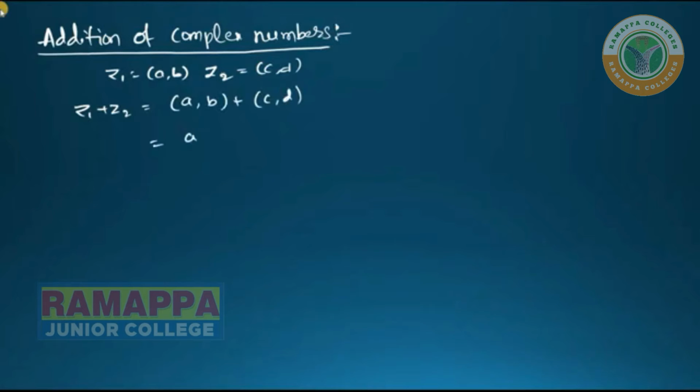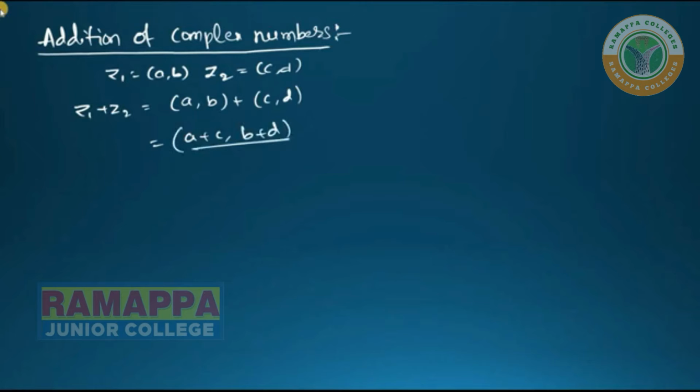Addition of complex numbers. Here z1 is equal to a comma b and z2 is equal to c comma d. If we have to add these complex numbers, z1 plus z2 is equal to a comma b plus c comma d, which we can write as a plus c comma b plus d.